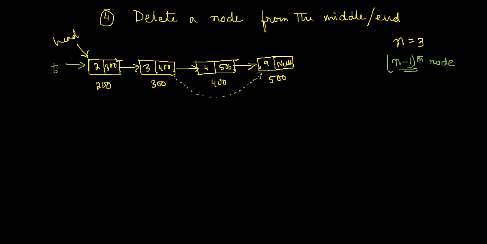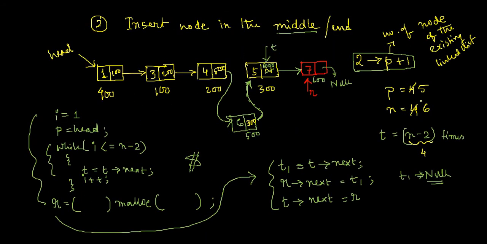T is right now here. After traversing once, T will come here, and I should stop T at that moment, because I need to connect this node with the next node of the node that I want to delete. So here also you have to traverse T n minus 2 times, as we have seen in the previous case.